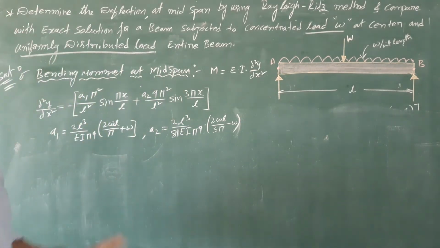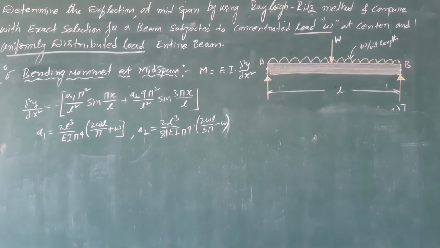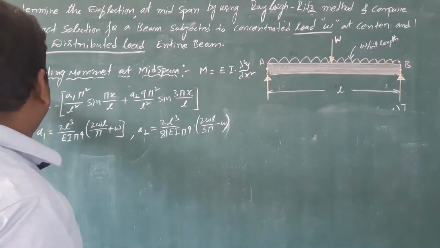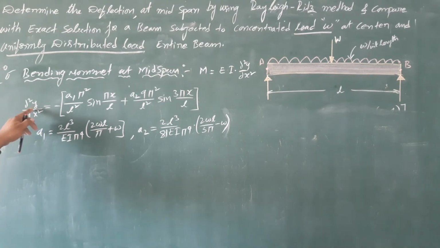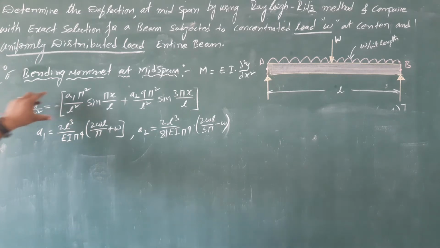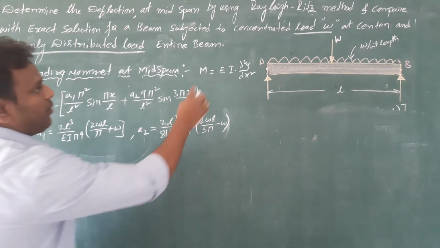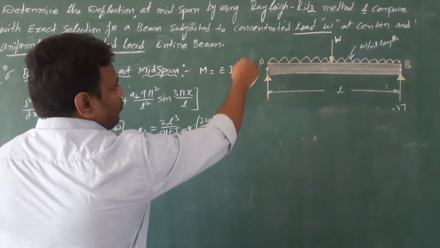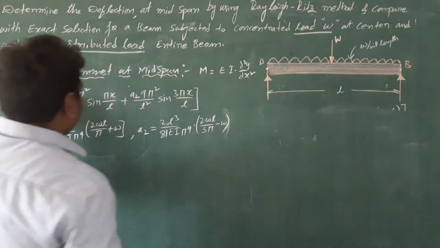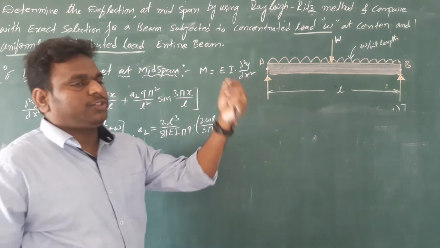We know that d square y by d x square I have already derived in the first video. So directly I substituted here, because bending moment is EI into d square y by d x square. Already I have derived, that's why I am substituting here.